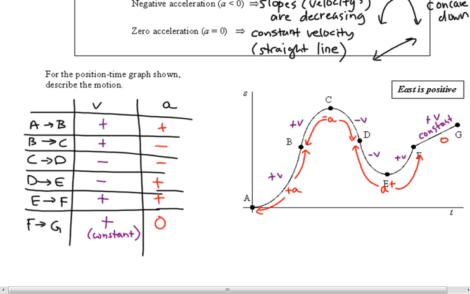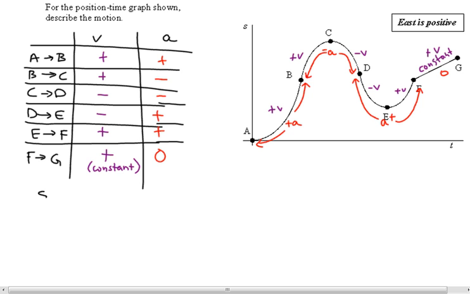Okay, so let's describe its motion. When is the graph speeding up? How would we figure out when it's speeding up? When the signs are the same, A times B is greater than 0. So when are the signs the same?